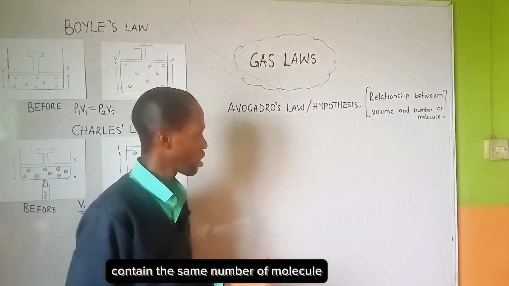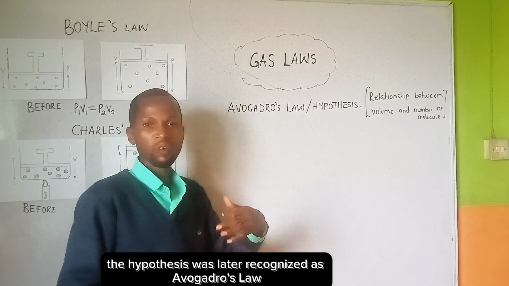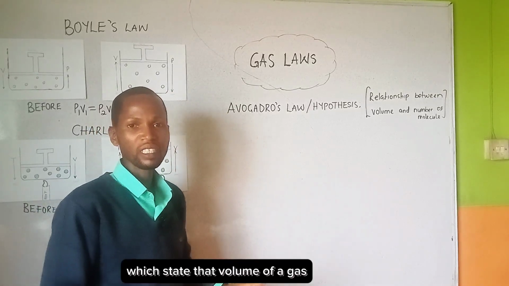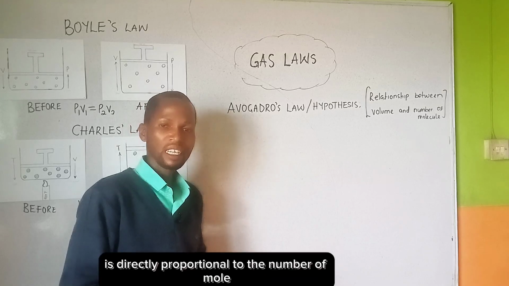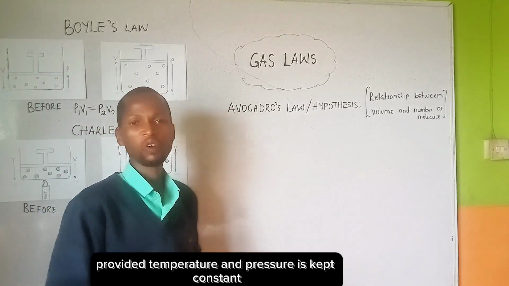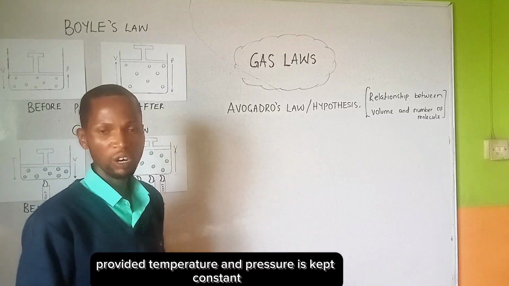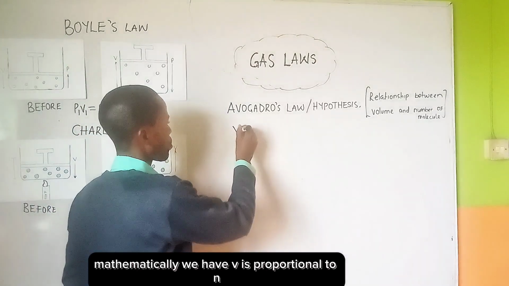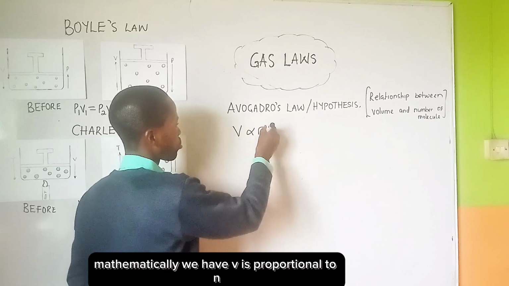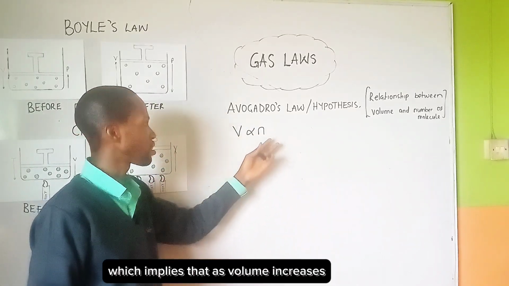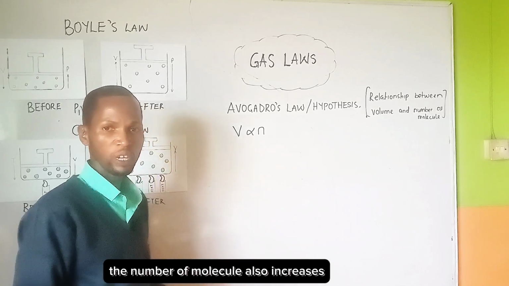of molecules. The hypothesis was later recognized as Avogadro's law, which states that the volume of a gas is directly proportional to the number of moles or molecules, provided temperature and pressure are kept constant. Mathematically, we have V is proportional to N, which implies that as volume increases, the number of molecules also increases.